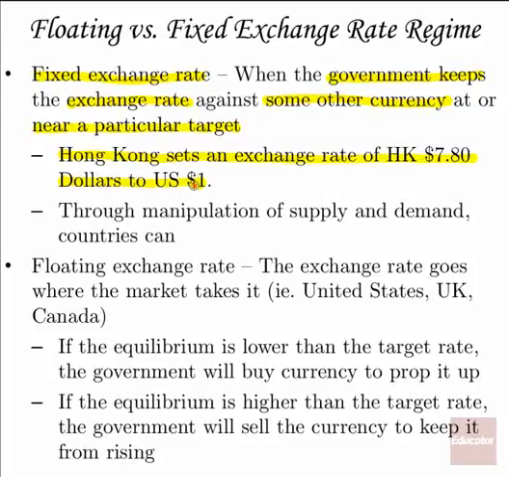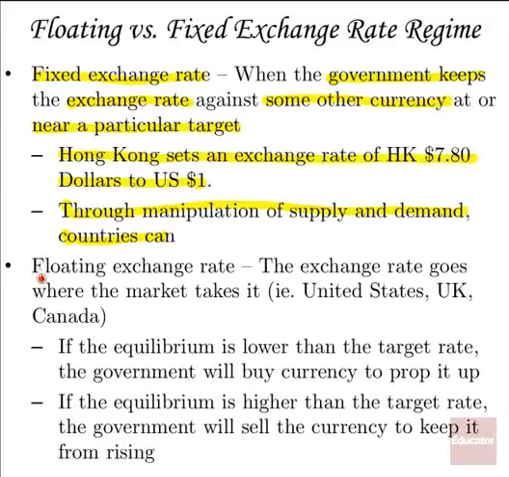So if you're investing in currencies based on this, you might invest in the Hong Kong dollar. Okay, so through manipulation of supply and demand, countries can basically fix this exchange rate. So they're not actually saying this is what it equals to. They're actually using a lot of reserve currency to try to get to this equilibrium target here.